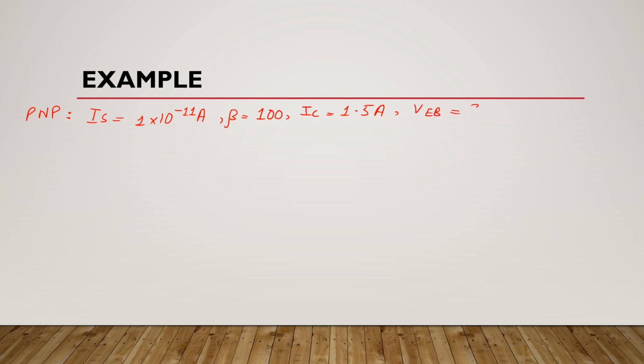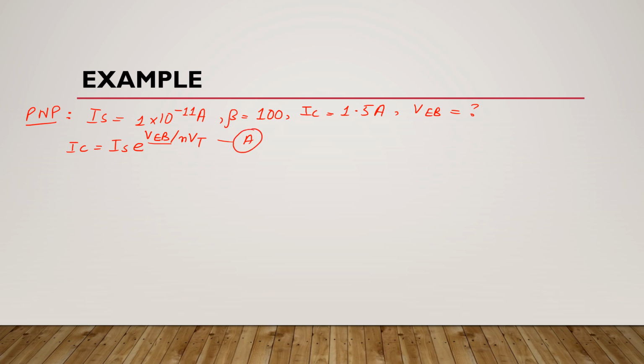For this we will use this equation: IC is equal to IS e raised to the power VEB divided by NVT. Here this transistor is PNP, therefore this voltage is VEB, and this is equation A.